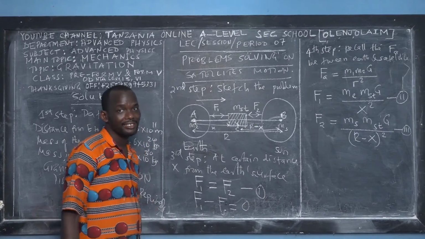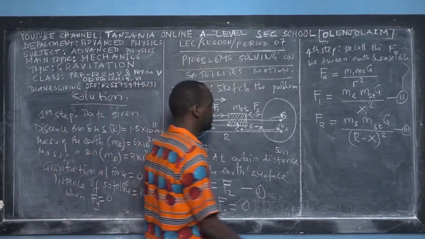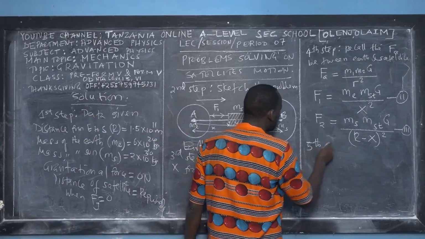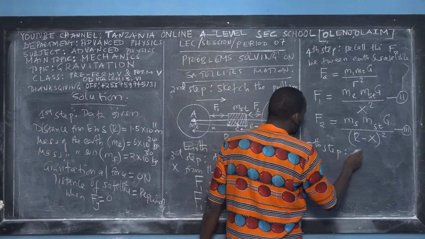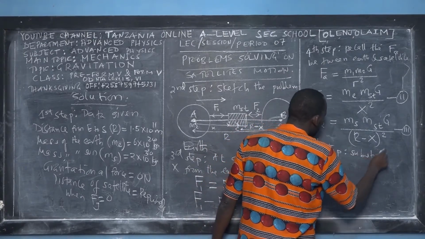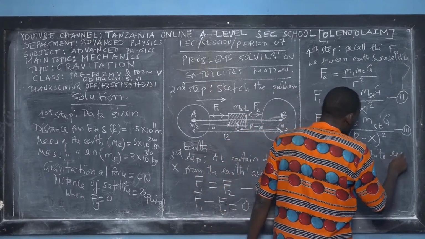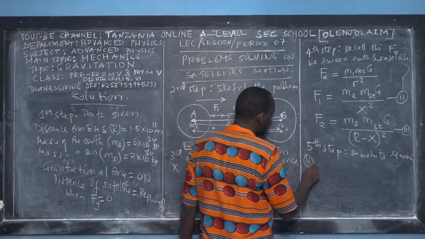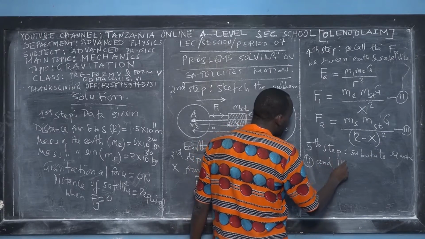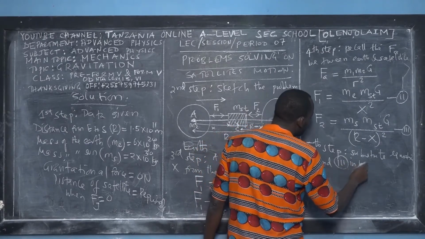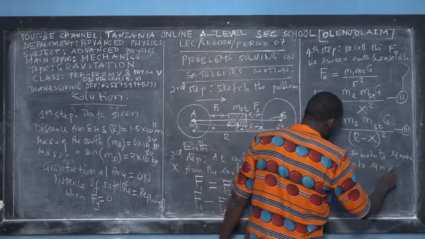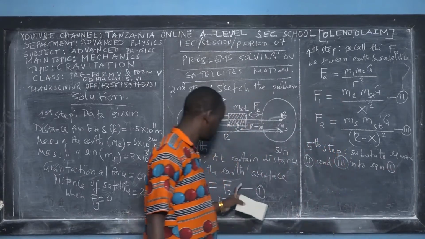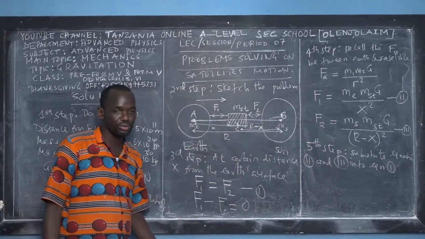Right? Beautiful. Physics is beautiful. We got to the fifth step. In the fifth step, we say that we substitute equation 2 and equation 3 into equation 1, where the gravitational potential is 0.